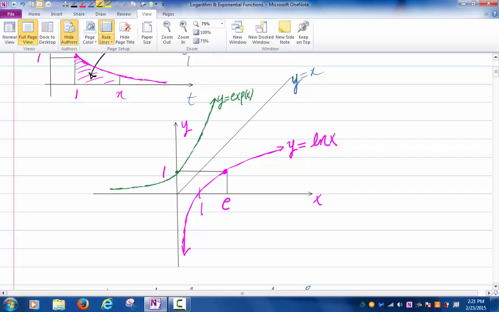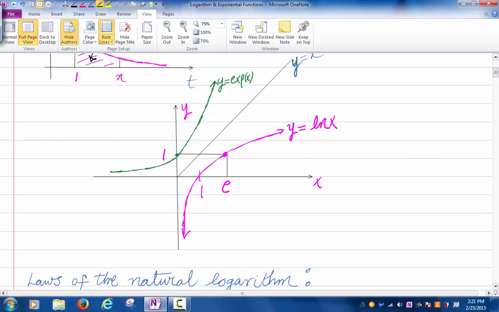So if the graph of ln of x is getting closer and closer to the negative y-axis, then the graph of exp of x will get closer and closer to the negative x-axis. That's how I know that that's the shape of exp of x. Notice ln of x is concave down, exp of x is concave up. That's always the case whenever you have inverses. If the graph of a function is concave down, the graph of the inverse will be concave up.